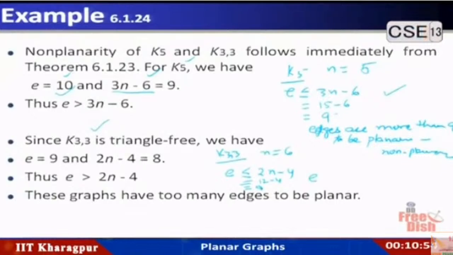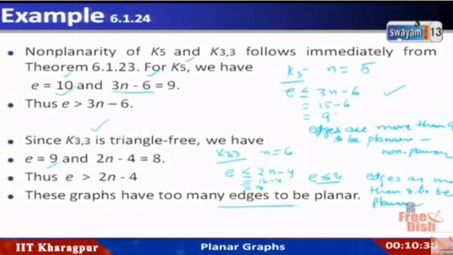So E should be less than or equal to 8, but the total number of edges present is 9. So here also the edges are more than 8 allowed for it to be planar. Hence this is a non-planar graph according to Euler's theorem.